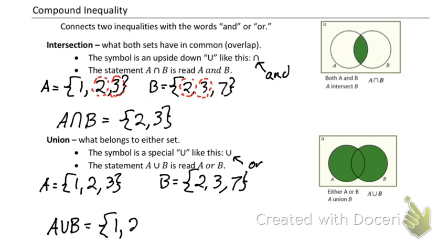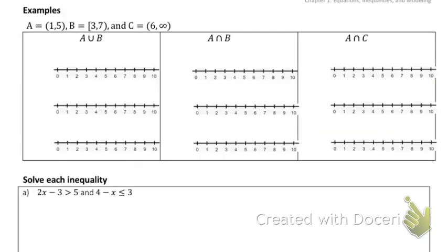So we have 1, 2, 3, and 7. That is all the numbers that are in A, and we also have them in B. So you are adding those two sets together, and we get one bigger set usually. All right, that's the down and dirty of intersection and union. Let's see how that applies to interval notation.